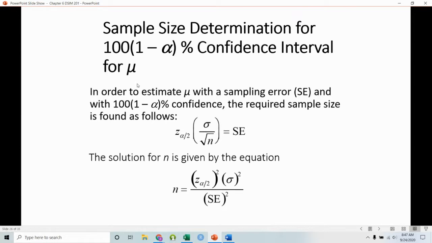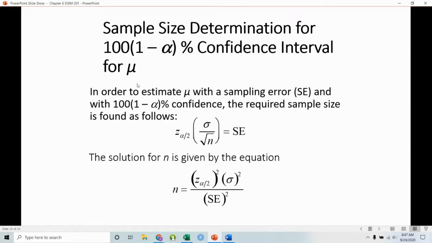Let's say we were going to do a survey and we needed to know the sample size in order to get a particular level of confidence. So in order to estimate our population mean mu, we need a certain sample size to account for our standard error. To find that sample size, we use the formula given here.